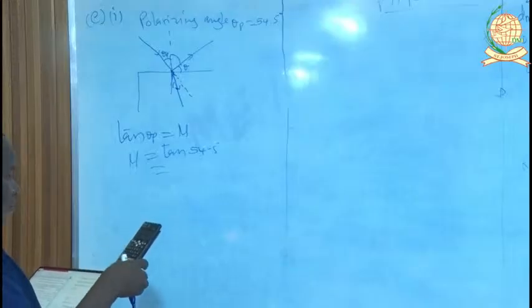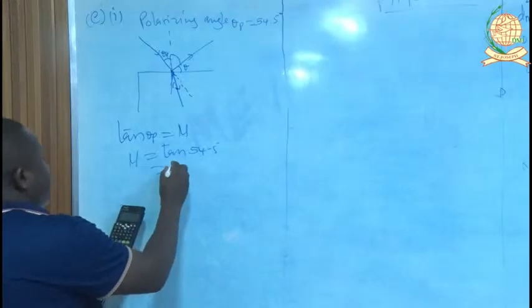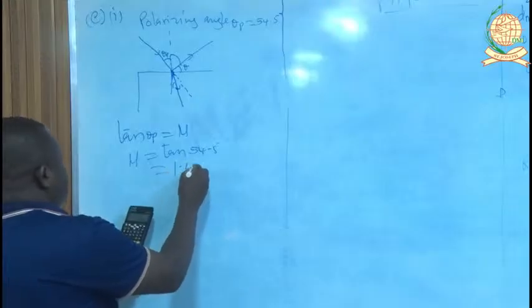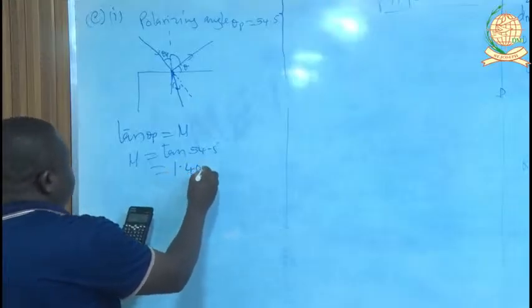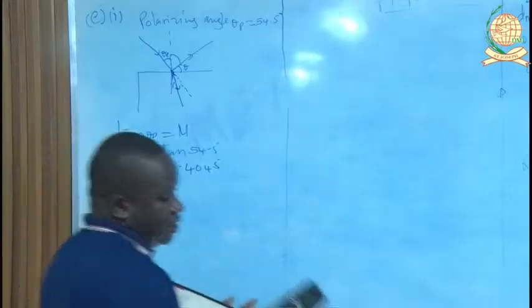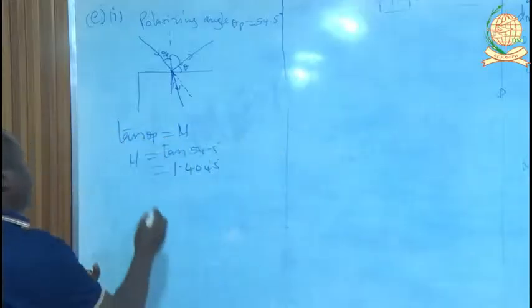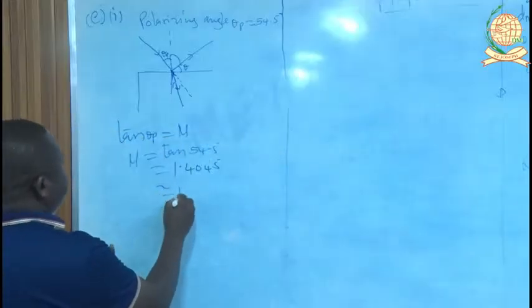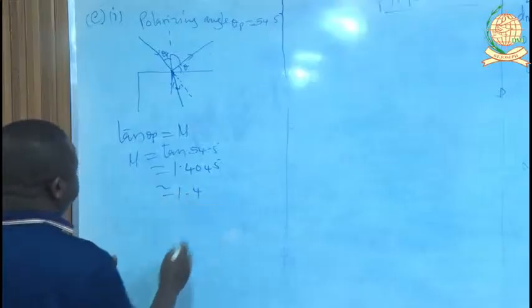You get 1.4045. So the refractive index is approximately 1.4. Roman 2.